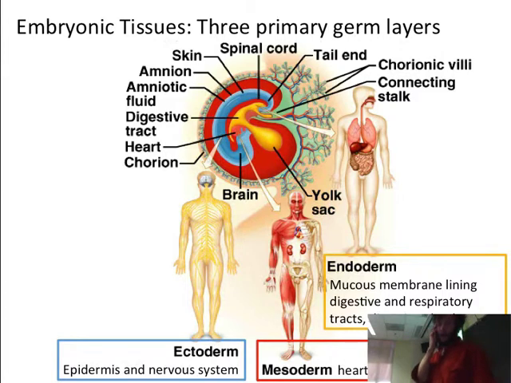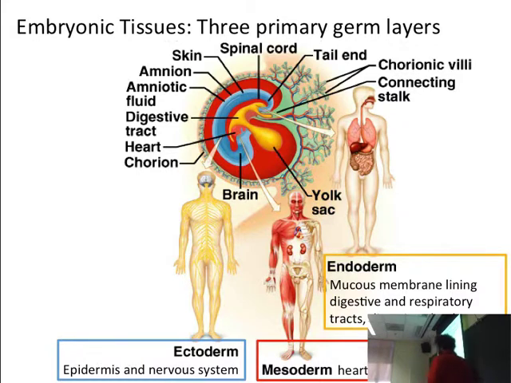All right. So all of these cell types embryologically derive from one of the 3 primary germ layers. So here is a little embryo implanted on the placenta, forming a placenta on the inside of the uterus. These 3 layers are endoderm.